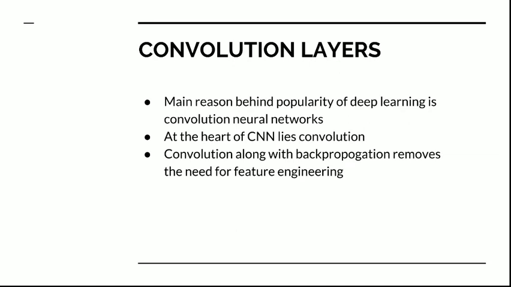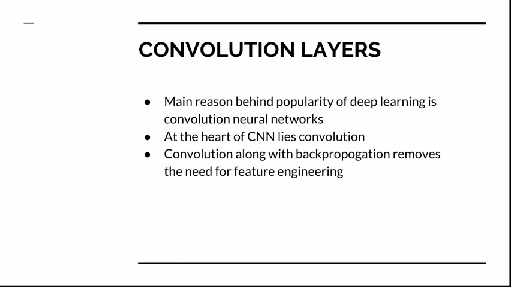So when we have an input image and we have a filter, and we transform the input image using the filter to get a transformed image, which is called a convoluted image. This is what we do in convolution, which I'll explain later.